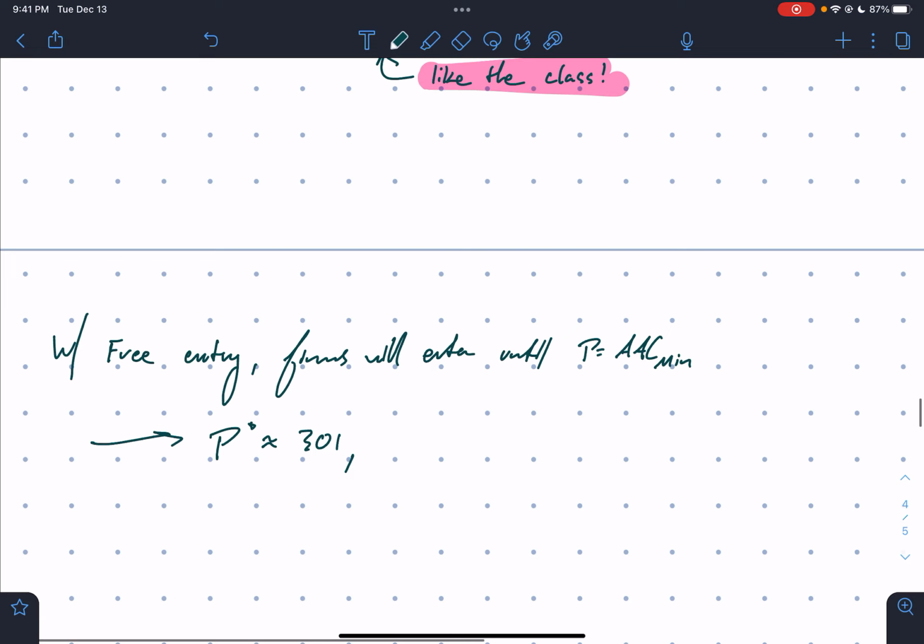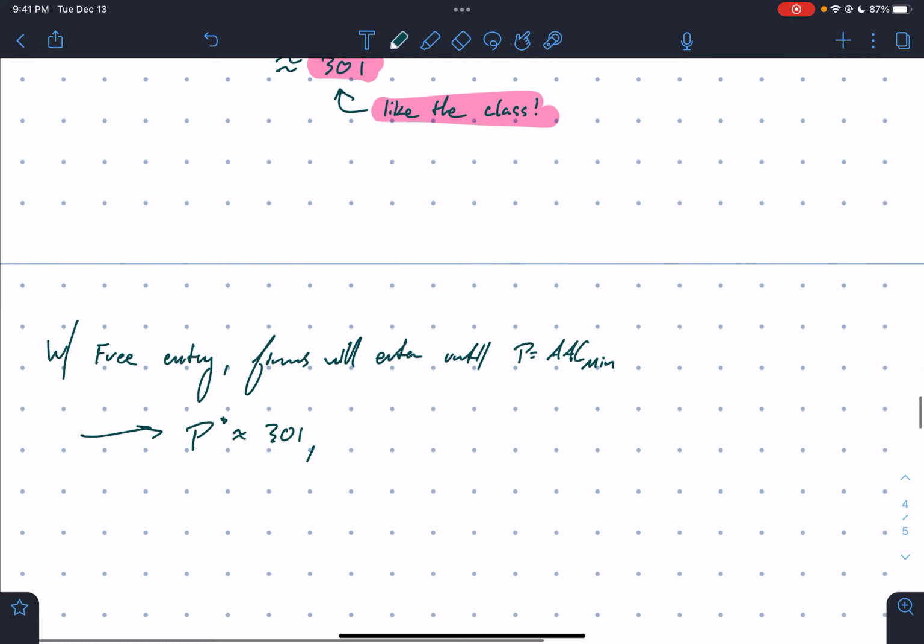And then the quantity that firms will produce, well, we determine this by the quantity rule. We need price equal to marginal cost, given we have competitive firms.